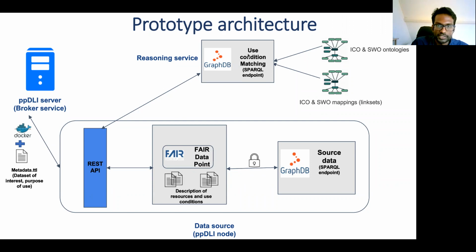For that, it uses the reasoner service offered by GraphDB. Here, we deposited both the ontologies that we used in this use case, ICO and the software ontology, and we made a link set between these two ontologies. These link sets are used for computing the match between the purpose of use and the data set use conditions.